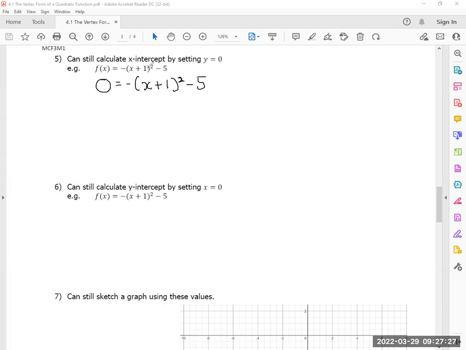So let's try it. I want x all alone. This is my goal. So I am going to do the inverse operations, the opposite operations, and we're going to do BEDMAS in reverse order. I want to get rid of a -5, so I'm going to add 5 on both sides. Now I have 5 equals -(x plus 1) squared.